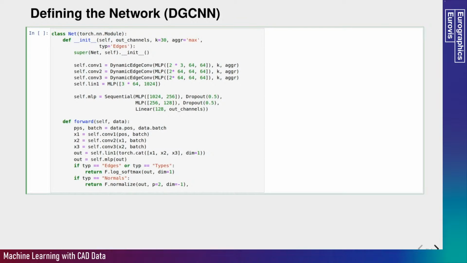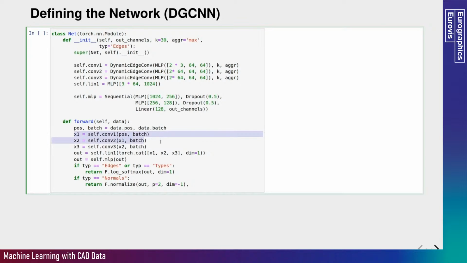The forward pass of our network, which is how the data is processed, takes all these parts that we defined up here and puts them together into our sequential network. We read in our data and split it into position and batch. Position is basically the input data, the point position, and batch tells to which model in the batch this point belongs.